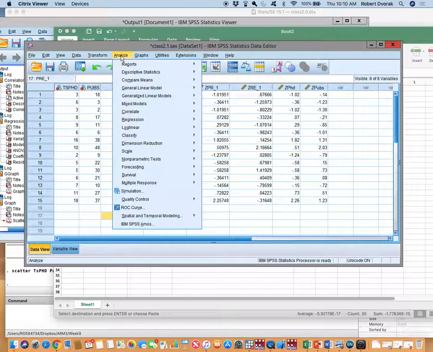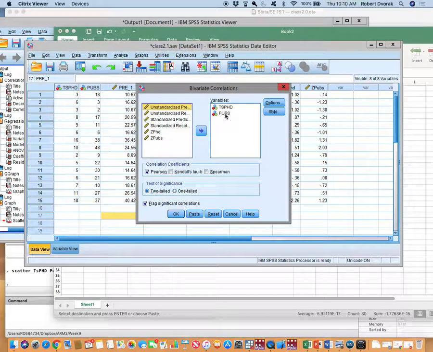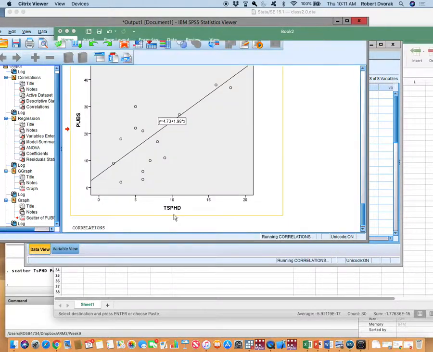Let's go analyze, correlate, bivariate. X is time since PhD, right? And let's put unstandardized predicted, unstandardized residual, and let's hit go.